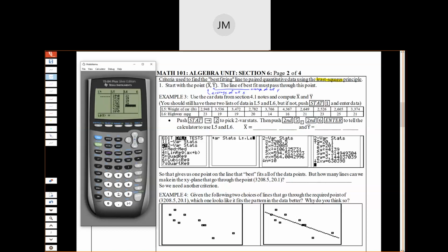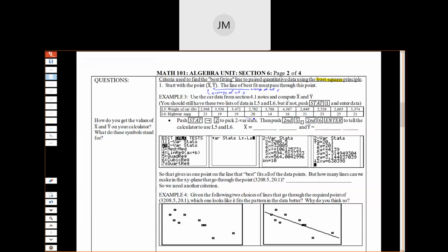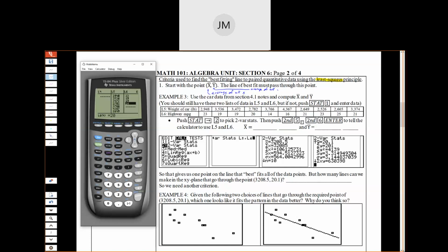So this 2782 corresponds to a 20 in my data. Just making sure that things line up as I go. So 20, 14, 16, and so on.